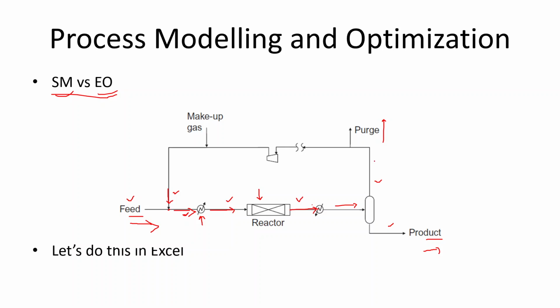This stream also goes to the purge, and we input the performance of the purge, either 50% or 20% or 30%, up to you. Once we know the split factor, this stream will be split into this stream and that stream, and then it goes to the compressor.